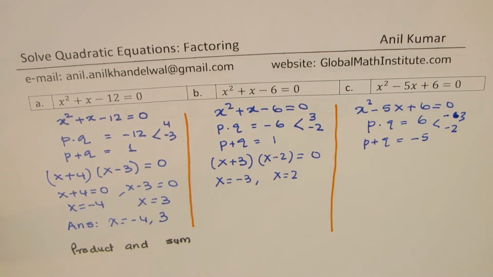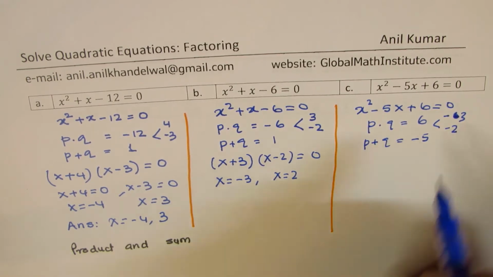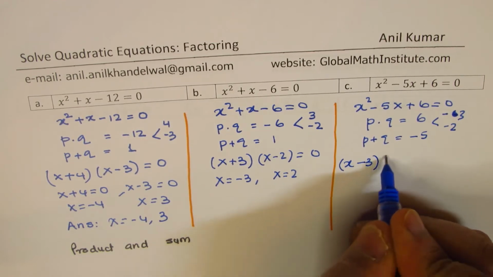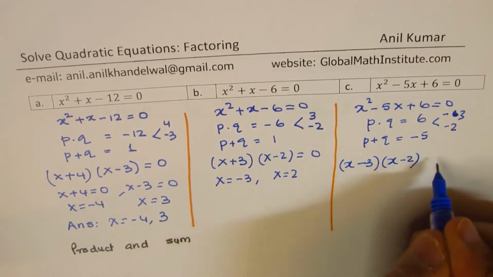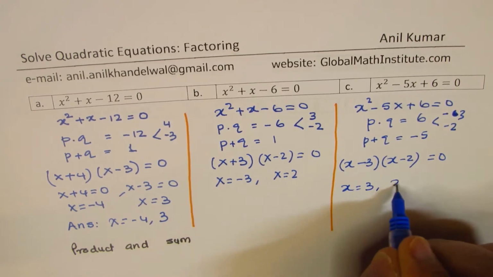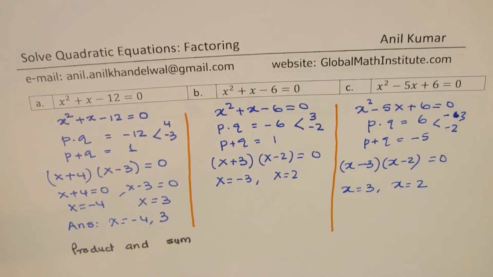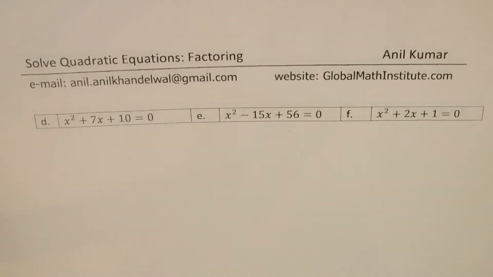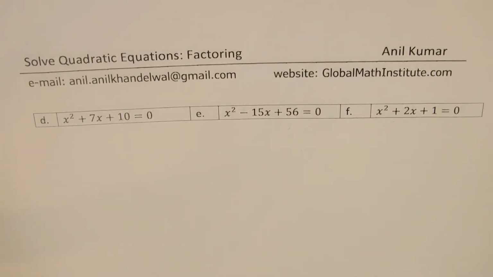So when you add them up, you get minus 5. When you multiply, you get plus 6. So that is kind of important to understand. So we get x minus 3 times x minus 2 equals 0. That means x is equal to 3 or x equals 2. Perfect.